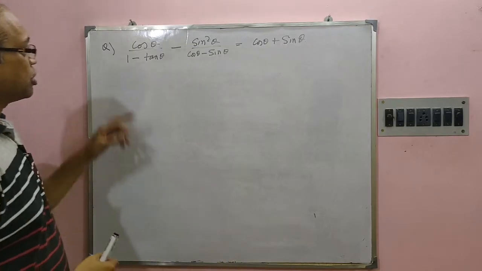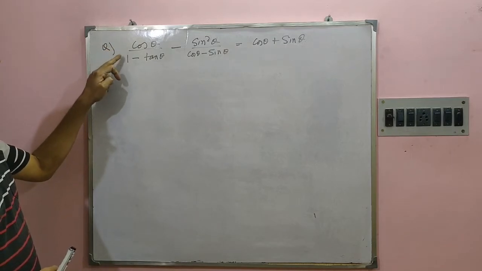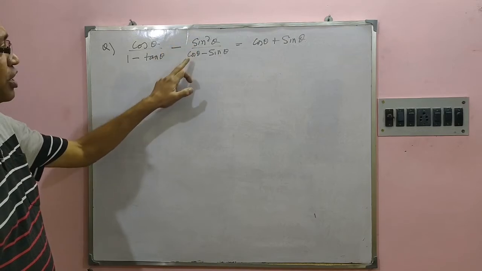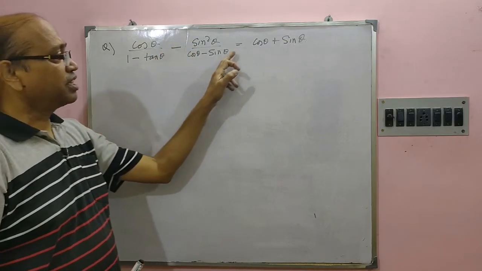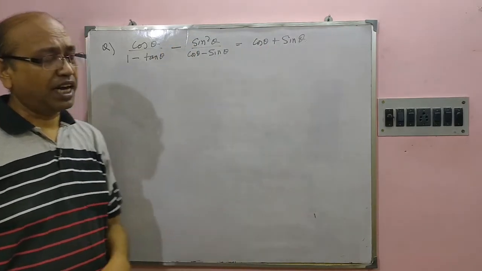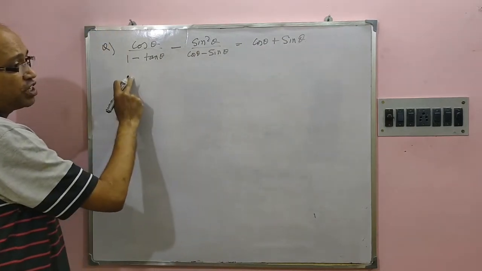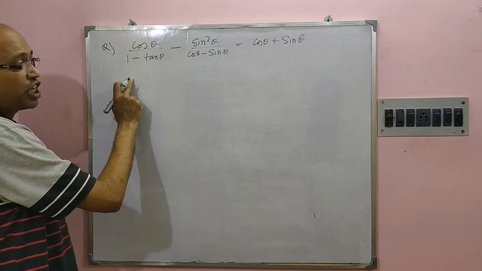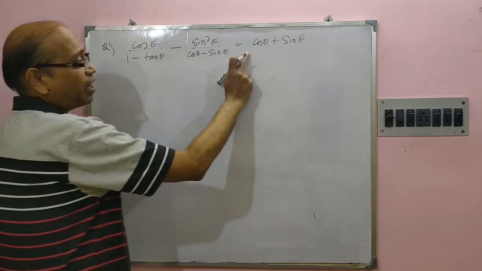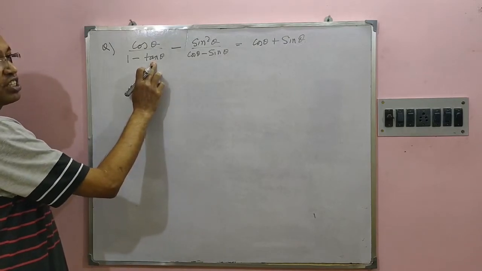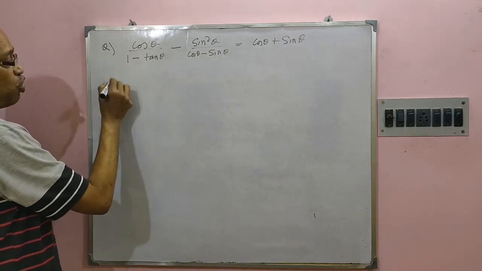The next question, cos theta by 1 minus tan theta minus sin square theta by cos theta minus sin theta is cos theta plus sin theta. Again, looking at the right hand side, we have to do the modifications or change the left hand side. I got cos and sin in the right hand side, so I have to change this tan in terms of sin and cos.